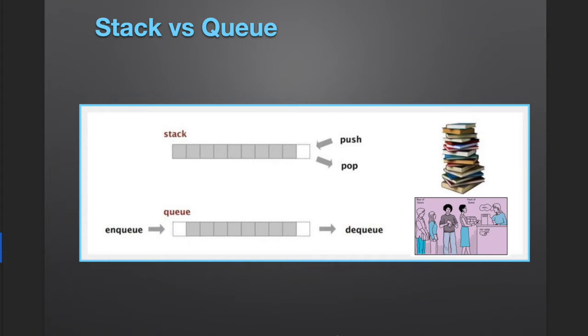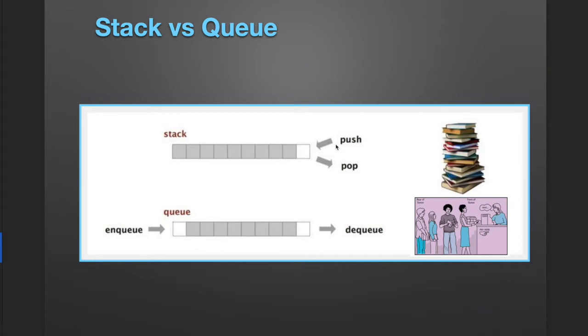So let's take a look at queue. First of all, what we learned about stack. Stack is a first in, last out data structure. So here's our stack, and we can only access the top element. We can push, we can pop, and we can peek.